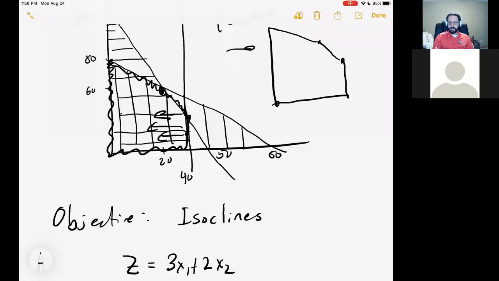Plotting the isocline yields a line that looks something like this. On my main figure, it would be visualized somewhere around here. Now that's for a particular isocline for z equals 100.